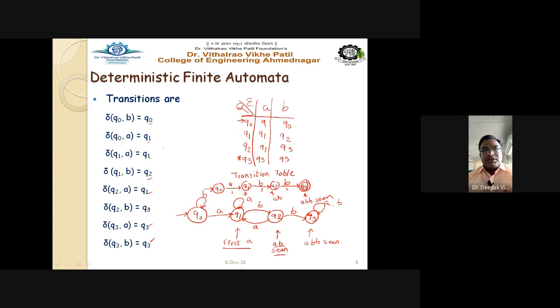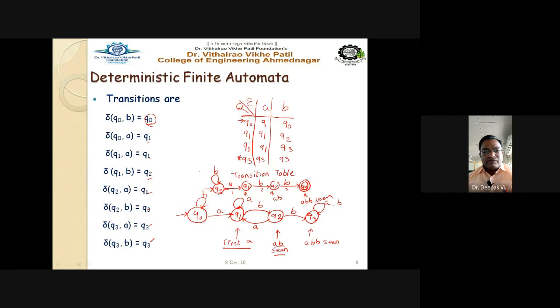And now the rest of the transitions. See carefully, consider the state Q0. Q0 on A goes to Q1. Now what about the next input? Think of Q0 on B. Definitely Q0 on B must go to the Q0 state. It is a self transition on B. So all the transitions on state Q0 are completed: on one input it goes to Q1, and on the other input it is a self transition.